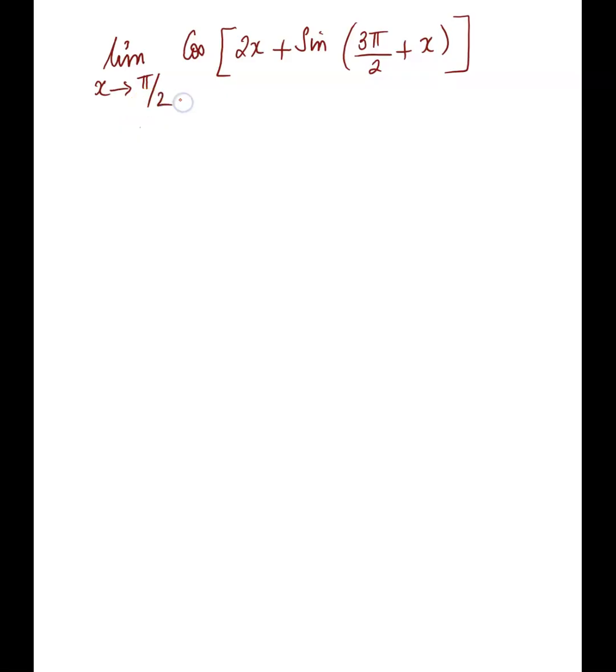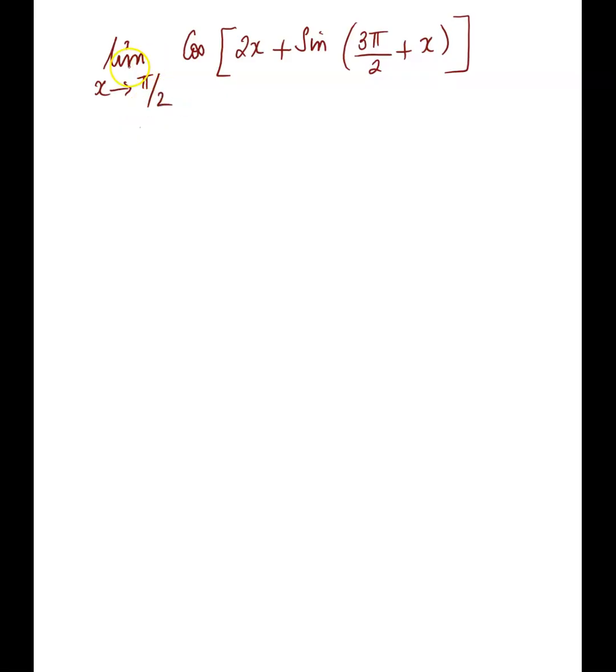Let's take a look at some of the problems involving trig functions. So let's find the limit of cosine 2x plus sine 3 pi over 2 plus x as x approaches pi over 2.